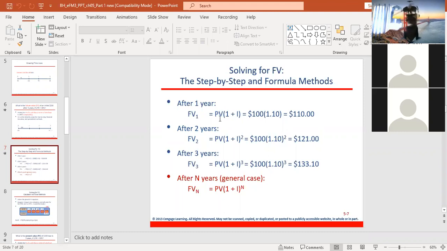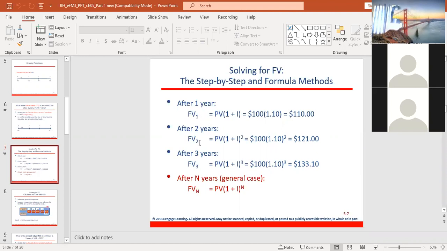After 2 years, we can apply the same procedure. Future value after 2 years equals present value multiplied by 1 plus I raised to power 2, which equals $100 today multiplied by 1.10 raised to power 2, which equals 121.00. After 3 years, we can do the same.